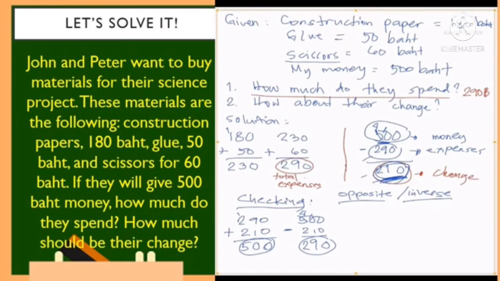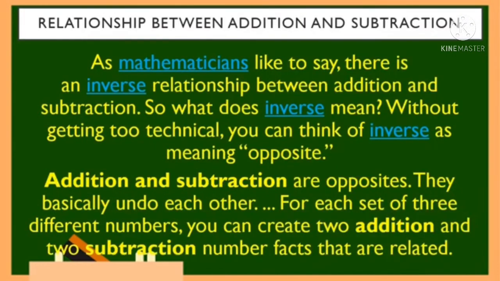Alright, so our final answer on the first one is they will spend 290 baht, and their change, if they will pay 500 baht, is 210 baht. Now, let us relate this problem to our new lesson.